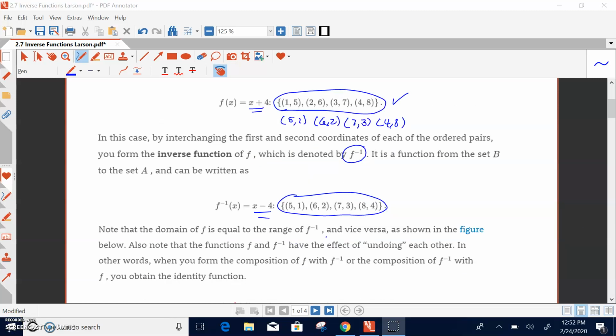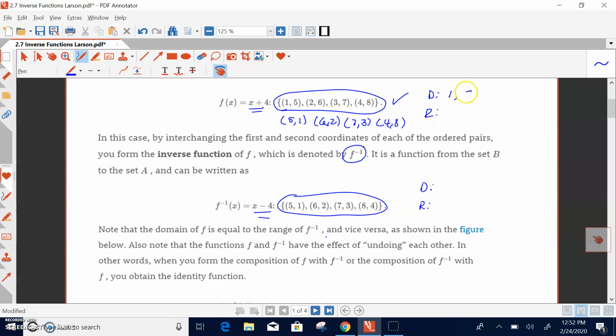I want you to notice that by reversing the x and y coordinates, going from 1 to 5 and then 5 to 1, we're actually reversing the domain and range. So the domain of the regular function, f, becomes the range of the inverse. The range of the original function becomes the domain of the inverse.